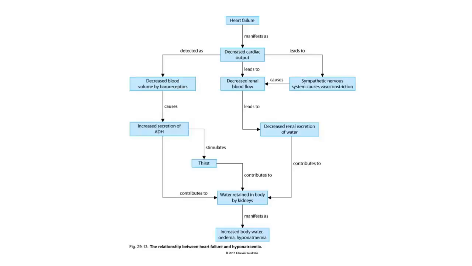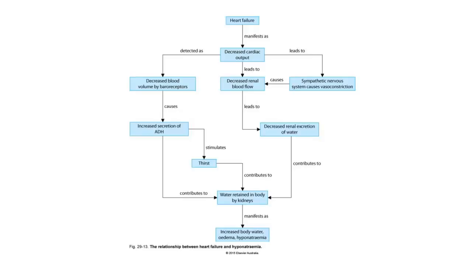And if we go back to the top of the chart, where the decreased cardiac output means that there's decreased blood flow to the kidneys, the decreased cardiac output triggers the sympathetic nervous system to cause vasoconstriction at the kidneys. And that's because the heart's determined, well, the body is determined to make sure the heart has enough volume to pump, and it'll do that at the expense of blood flow through the kidneys.